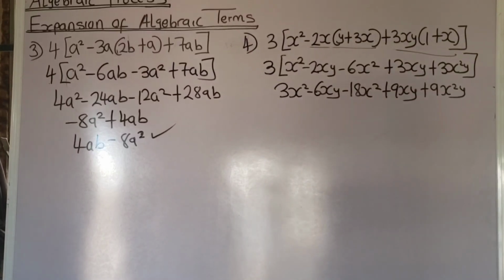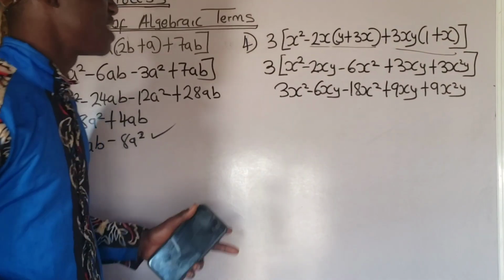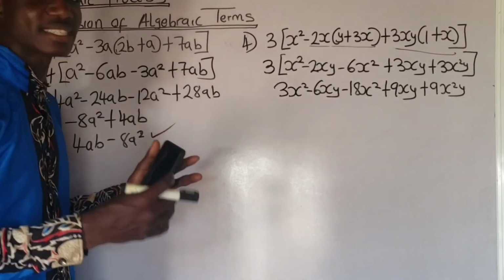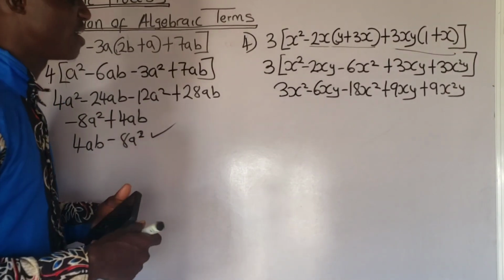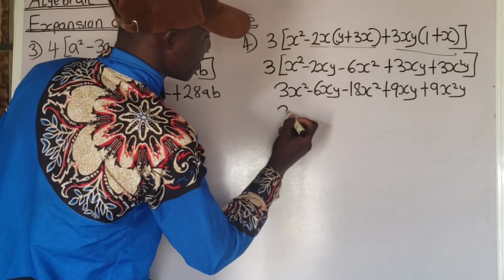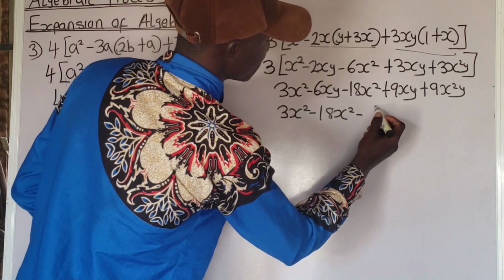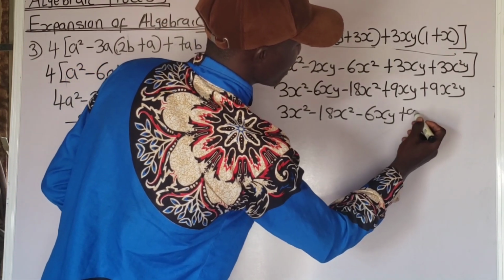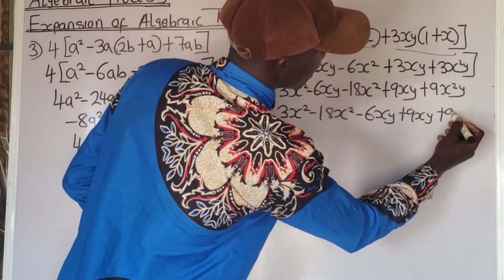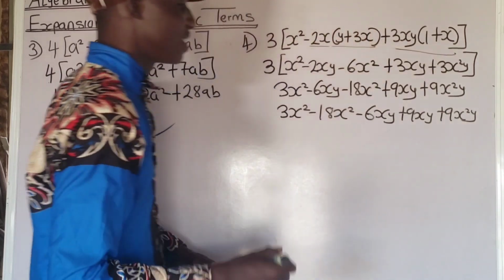Okay? Now, I have removed all the brackets. Let's see if we can collect like terms, the terms that are similar that we can add together. We have 3x squared, negative 18x squared, negative 6xy, positive 9xy, positive 9x squared y.